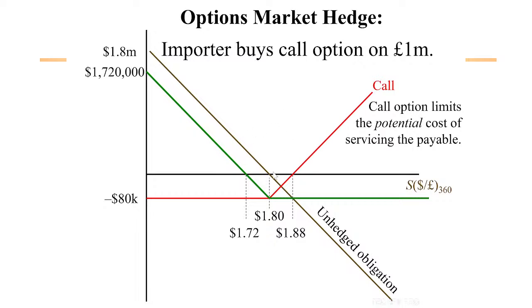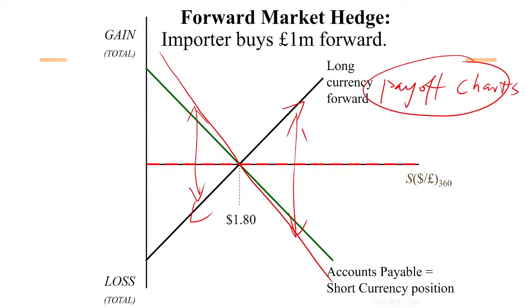Whereas the call option, the drawback is you have to pony up this call premium. Whereas these forward contracts, there is no premium involved. It's zero value. Okay, so basically you don't need to put up any money.